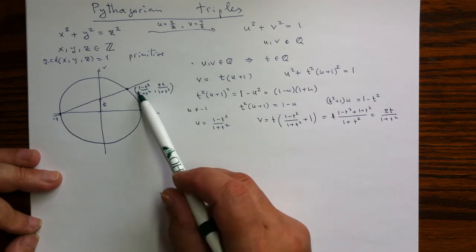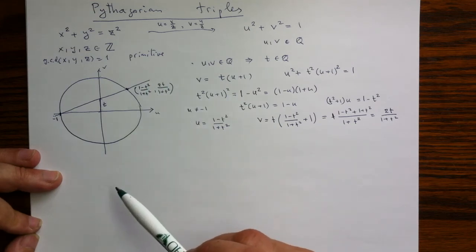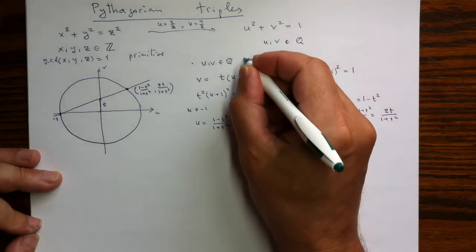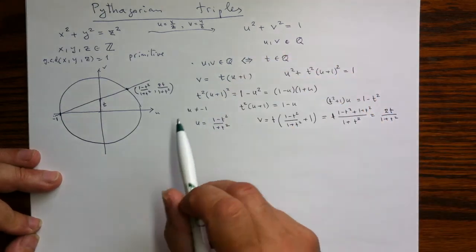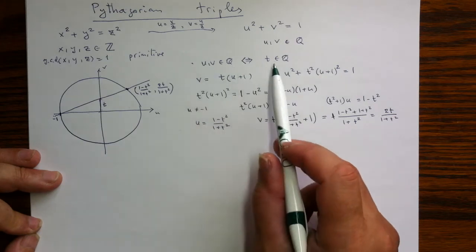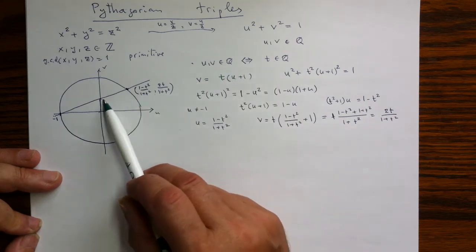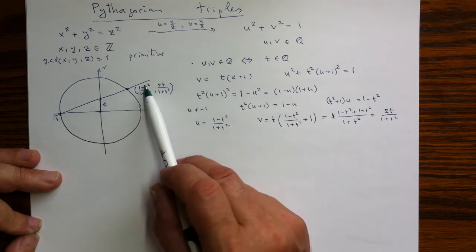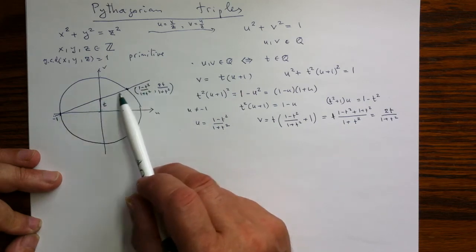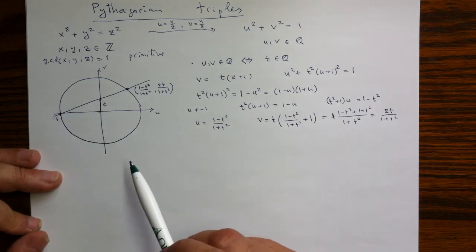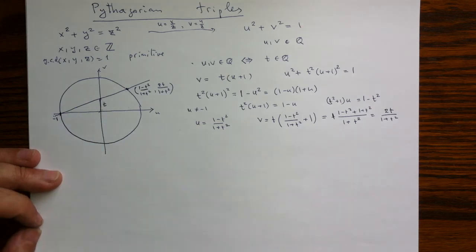If t is rational, then both functions will give us well-defined rational numbers, and so we will have a rational point on the circle. So that is now a both ways statement: the pair of coordinates is rational if and only if this line drawn through that point and this point will have a rational intercept and vice versa.